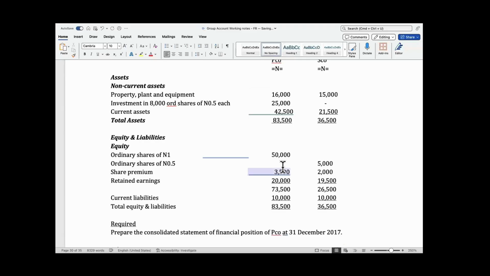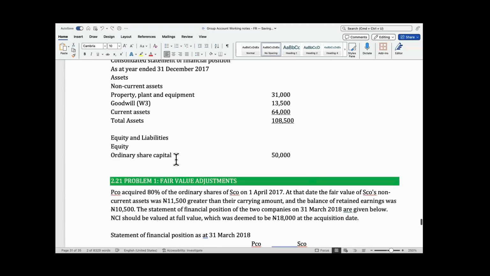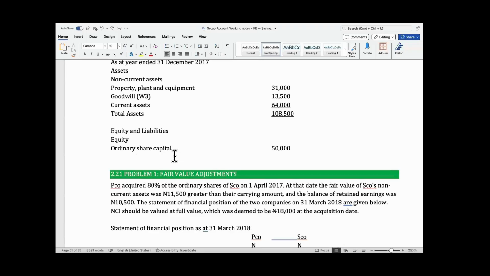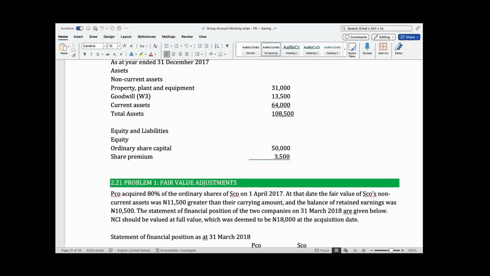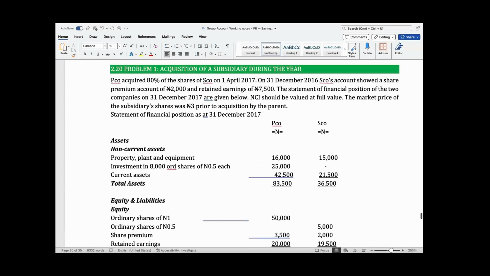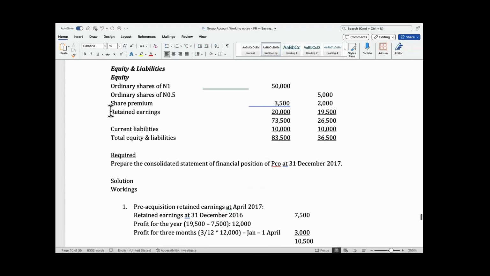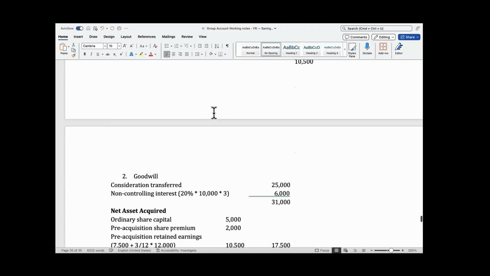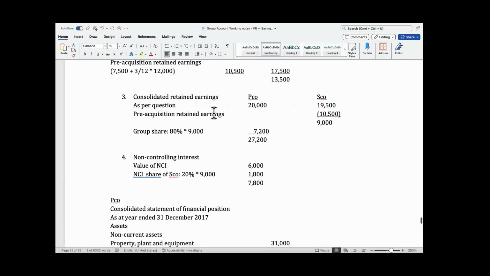After that, we have share premium. This 2,000 has been cancelled out, so we'll consolidate only 3.5. Then consolidated retained earnings, which is working 3.